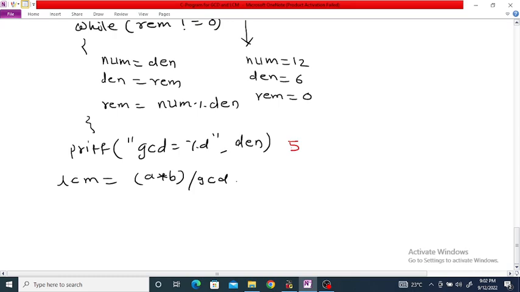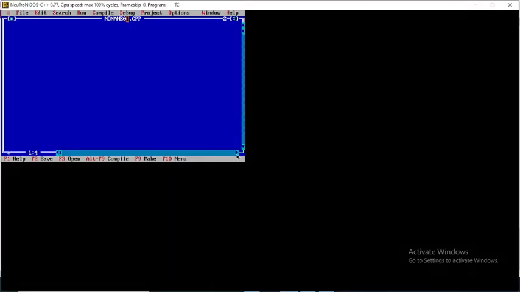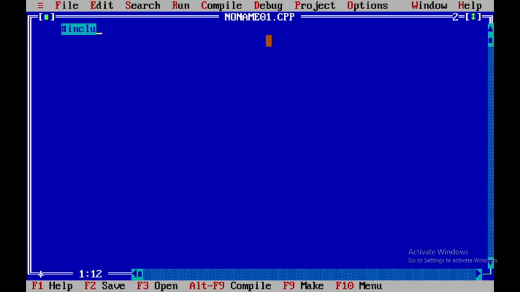So now we are going to run this program in C. First of all we include the header files, include stdio.h, include conio.h, void main. Then we require two variables, integer a, b.